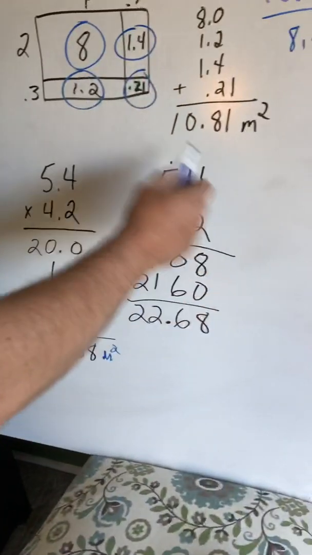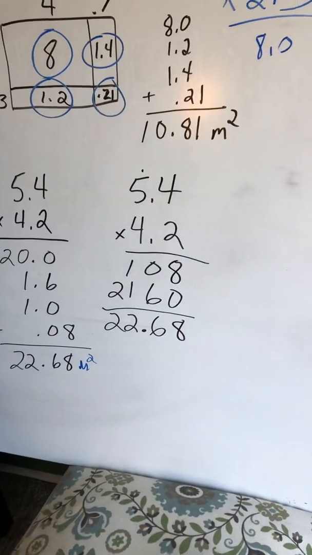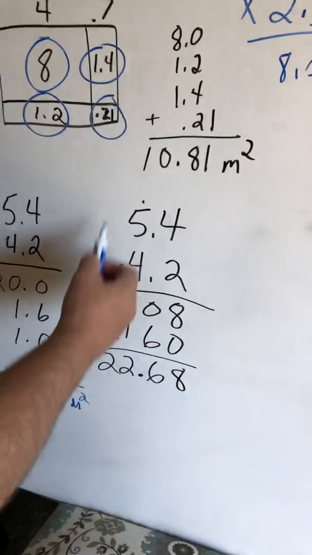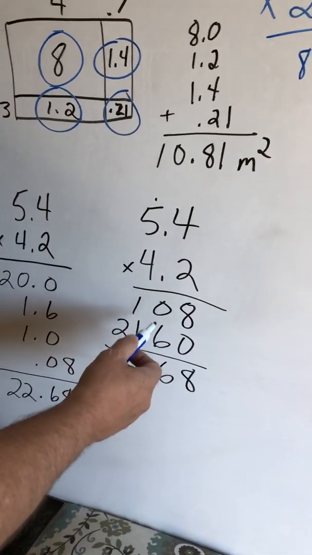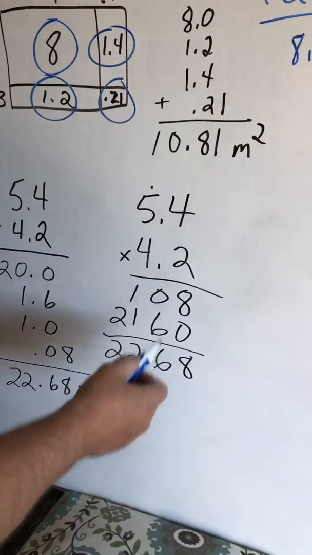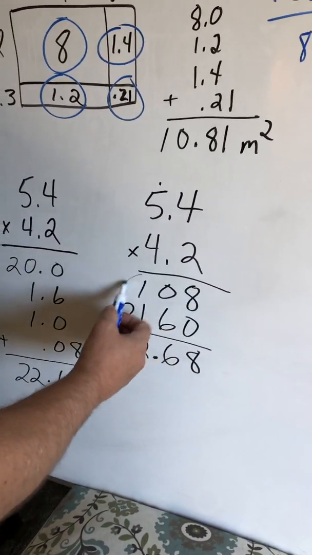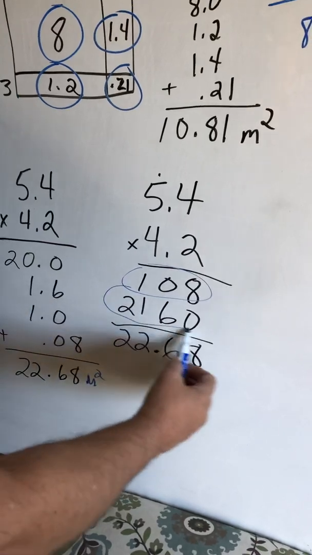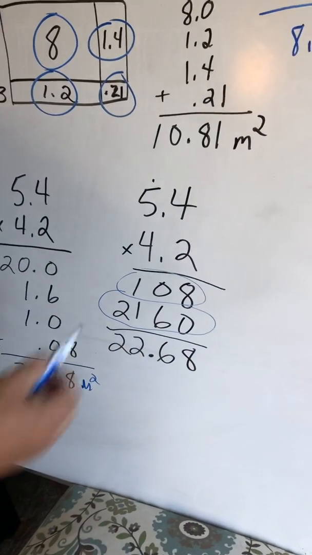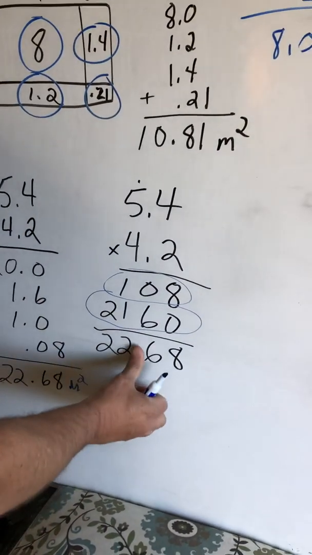Here's the algorithm that a lot of you already know how to do. Just remember, when you're doing the decimal algorithm, the standard algorithm, you set up your problem, but as you're doing your partial products, forget about the decimal, okay? Just do 54 times 42.